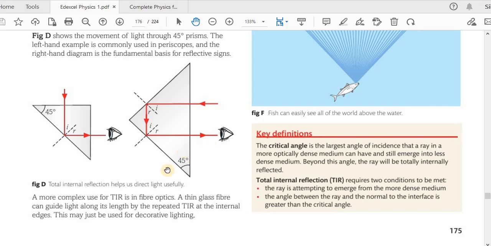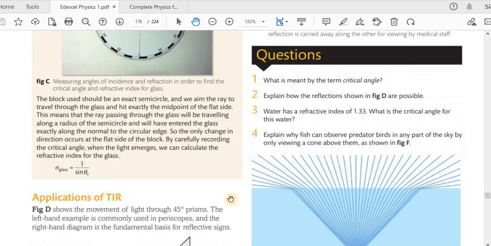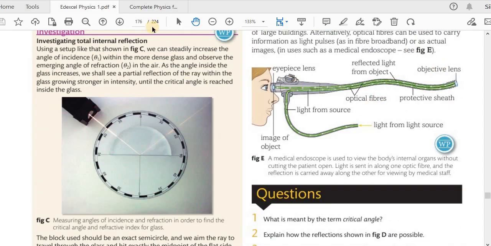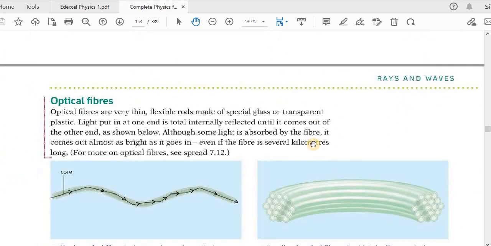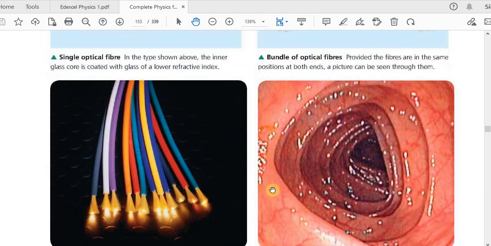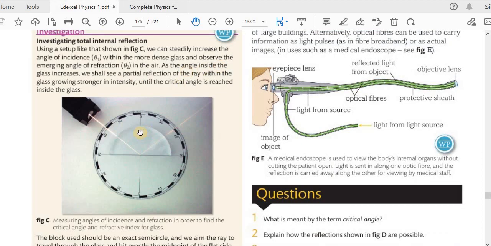A more complex use of TIR is in fiber optics. I think here you can see, and also this I think has a picture. See, fiber optics. You can also use that in an endoscope and in communication for transmitting information.